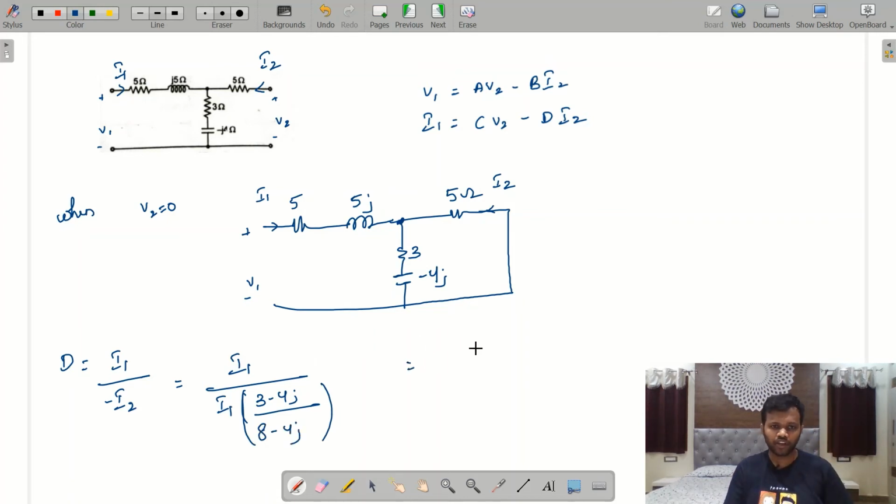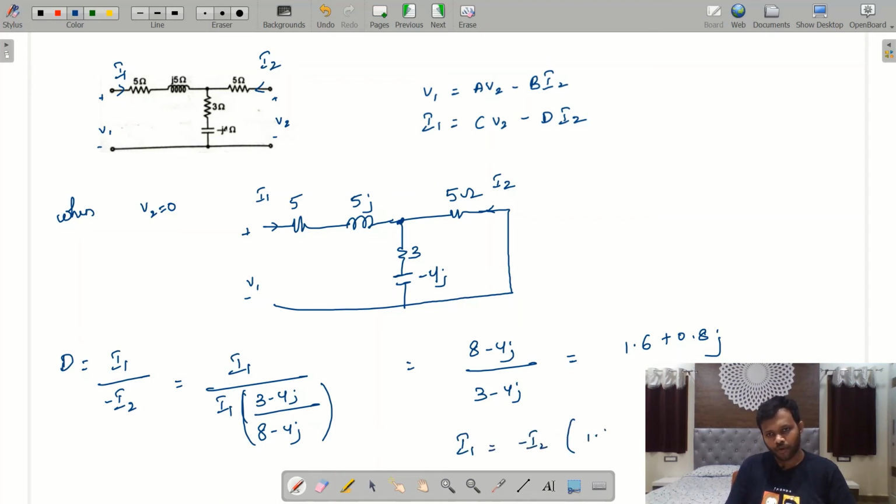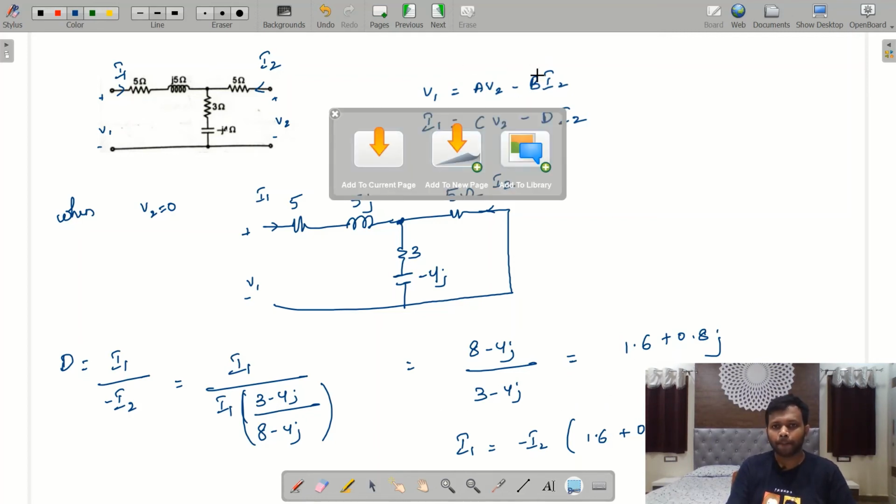So it will be equal to 8 minus 4j divided by 3 minus 4j, which will be equal to 1.6 plus 0.8j. This is my D parameter. Or else we can write it as I1 equal to minus I2 into 1.6 plus 0.8j. I am considering the equation which will be useful to find out the parameter B.